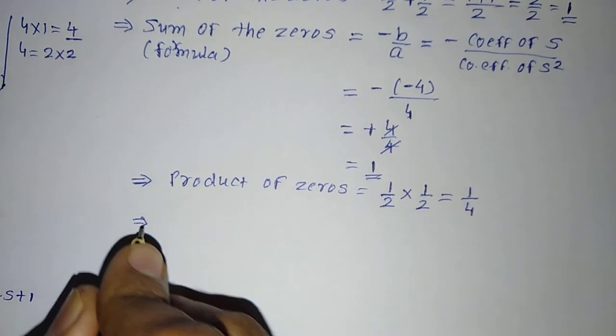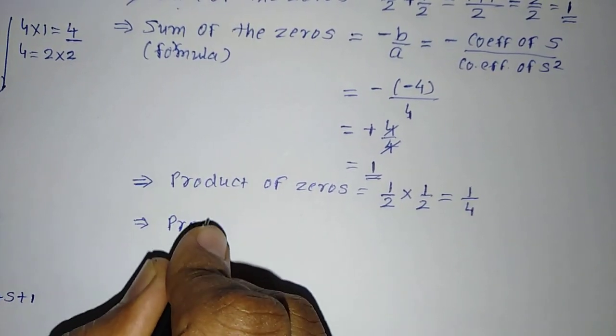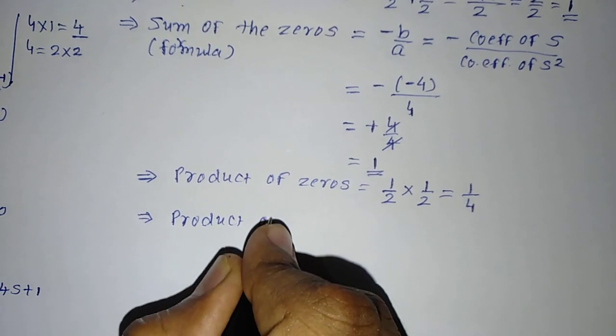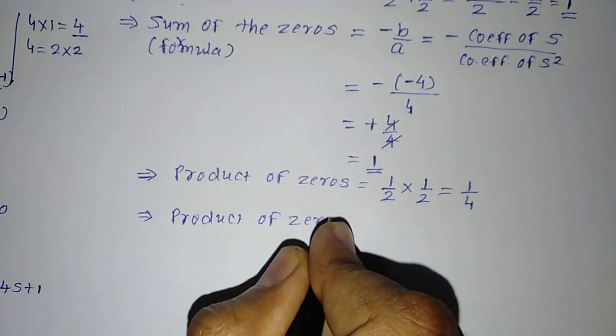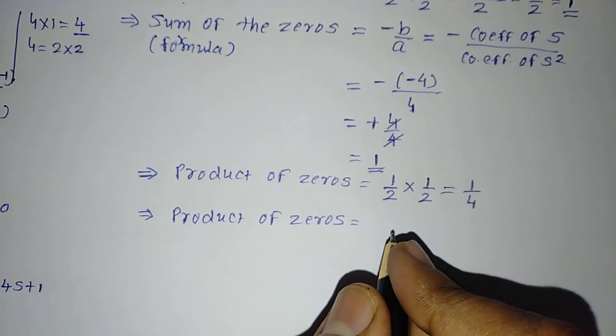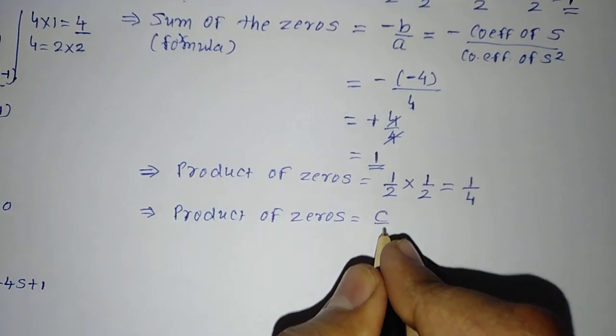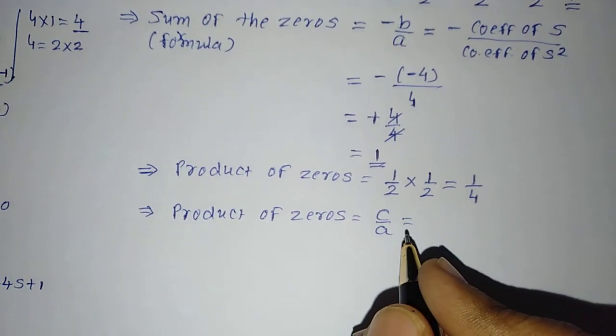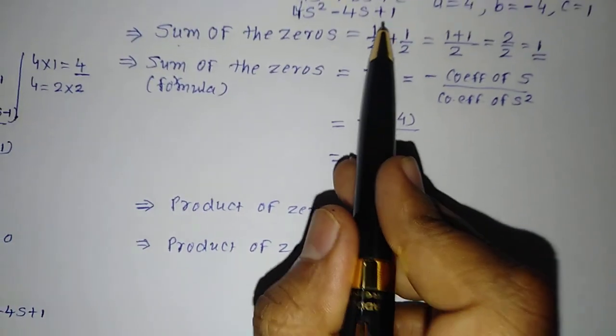Now we'll go with the formula. Product of zeros, the formula is c upon a. Or in other way we can say, c is the constant term.